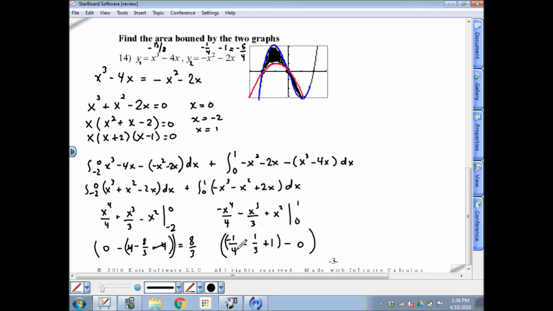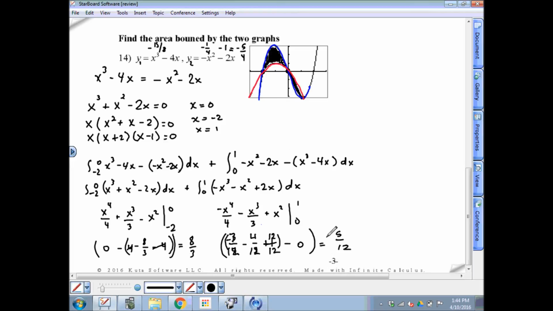So putting everything in terms of twelfths, negative 1/4 is the same as negative 3 twelfths. Minus 1/3, that's the same as 4 twelfths. And this is 12 twelfths. So we've got negative 3 twelfths minus 4 twelfths, that's negative 7 twelfths. Plus 12 twelfths, that's 5 twelfths.